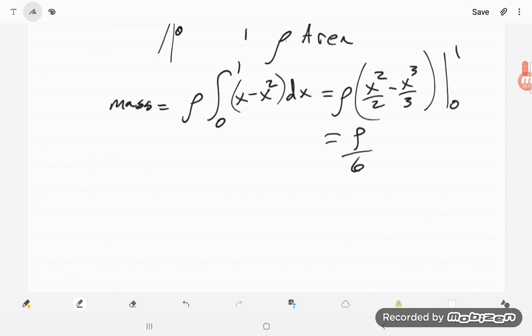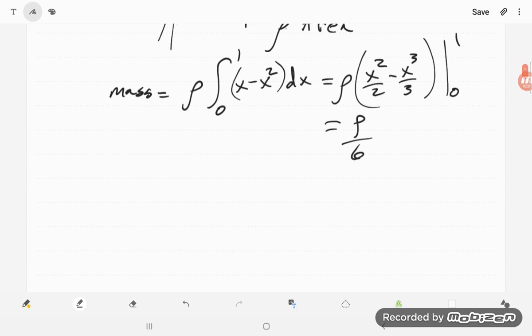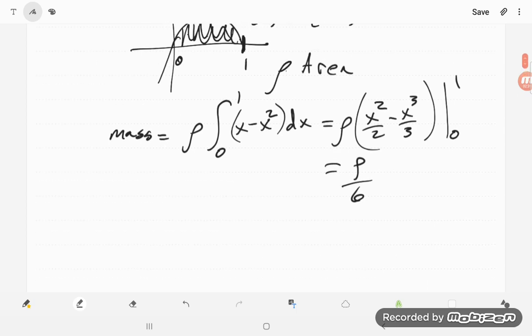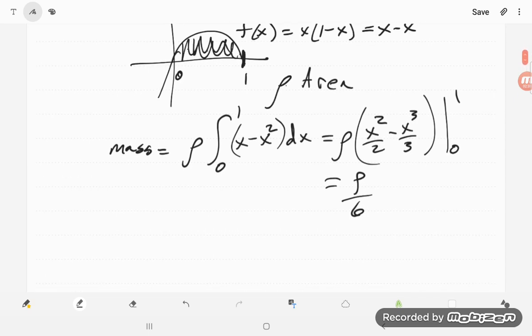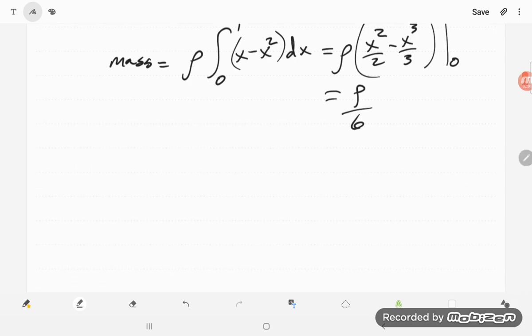But now, if we want to do that same idea of center of mass, and say we want to calculate m sub y, well, let's redraw things here again. And remember what we did for m sub y was we took a given mass and took its distance from 0.